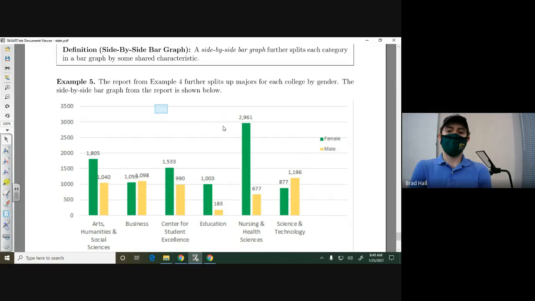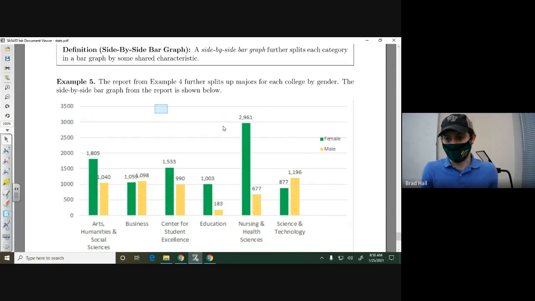In fact, not only does it help you compare how, say, females are distributed among majors, but it also tells you that women are, well, maybe I shouldn't use that in this class, but women are a lot more likely to go to college than men.